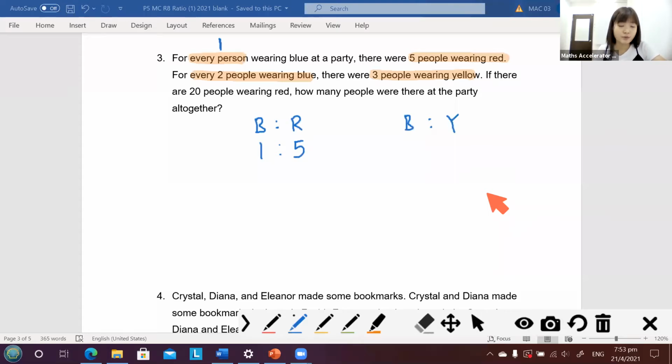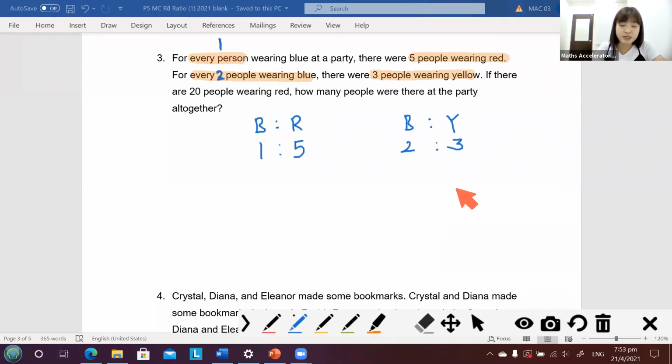Okay, correct, 2:3. For every 2 people, some of you put 1:3. It's not for every person wearing blue, it's for every 2 people. So it's 2:3. Those of you who put 1, it should be 2. Read the question, here is 2.